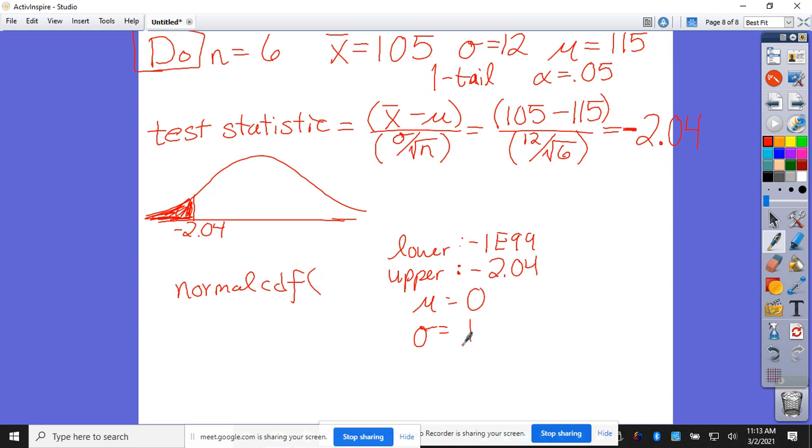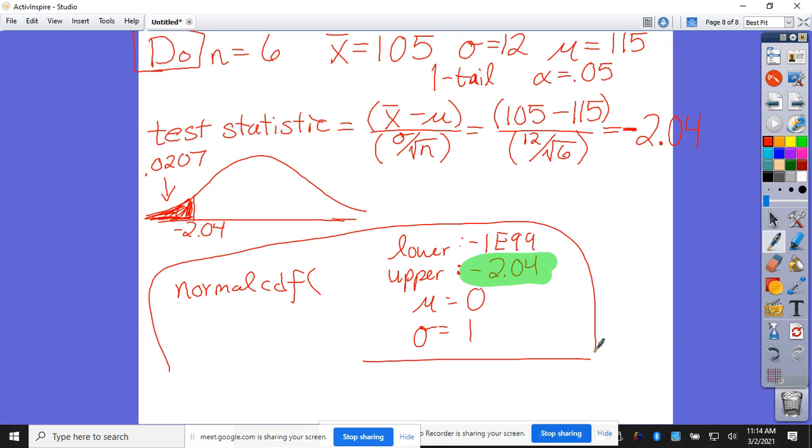We still want our sigma to be 1, which is Z. So the only thing we put in was this, which is the same thing as looking it up on the Z chart. And when we do all that, we get our area to be what? So that shaded area is 0.0207. Now, this, I don't need you to write on a test. I'm just showing you, hey, this is what it looks like in the calculator.